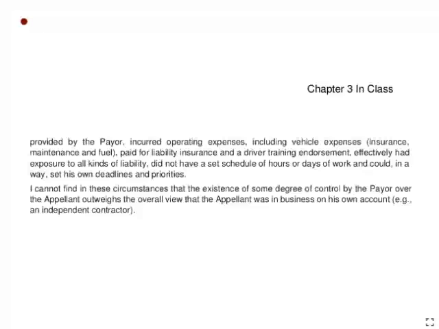If anybody got injured, if the car was crashed, any of that stuff, did not have a set schedule of hours or days he could work, and in a way set his own deadlines and priorities.